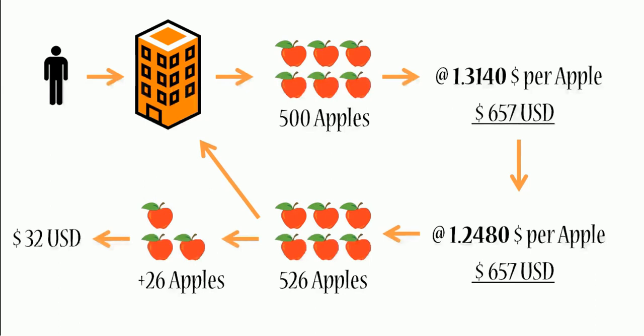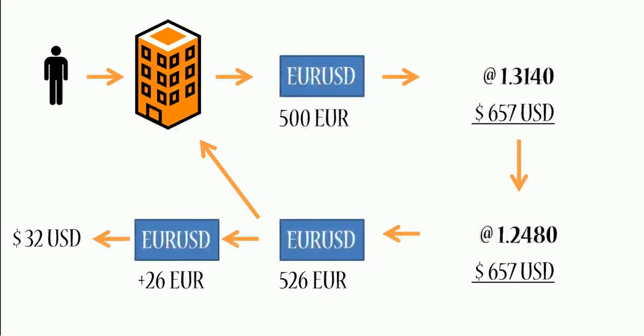Now, if we replace apples with euros, as we did previously, you will see that nothing changes. This whole scheme works also for euros, just as it did for apples. You go to a broker, you borrow 500 euros, you sell them at 1.3140 for 657 US dollars. You hold on to your 657 US dollars until the price for euros drops.